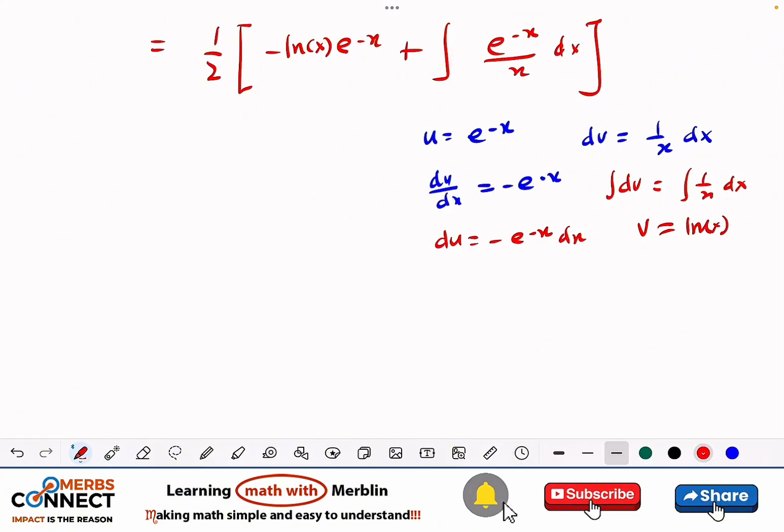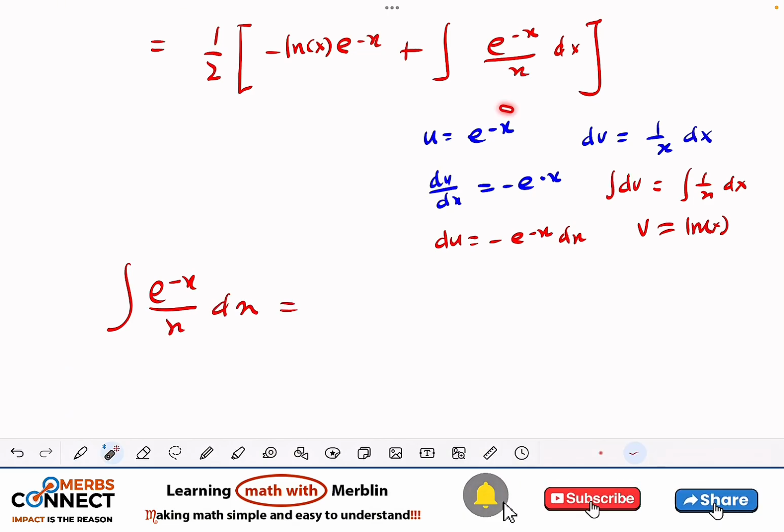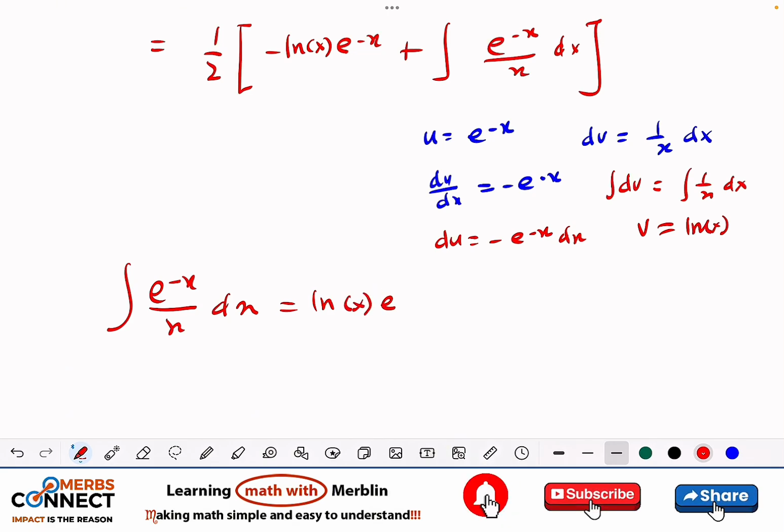So this is going to be the integral of e to the power minus x divided by x dx, which is equal to, so we need to do u times v, which is going to give us ln x times e to the power minus x, and then minus the integral of v du, which is ln x times minus e to the power minus x dx.